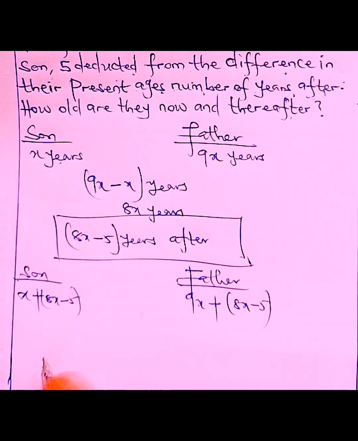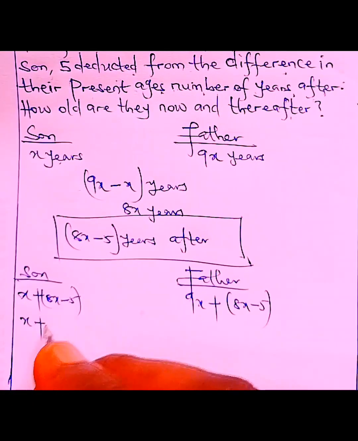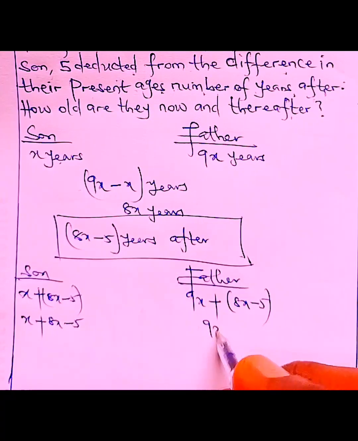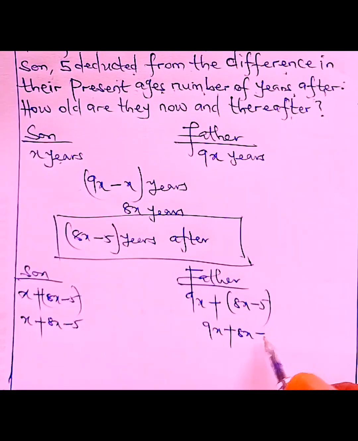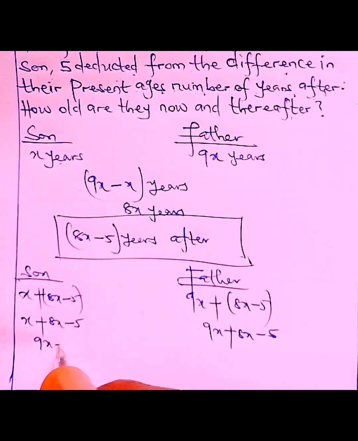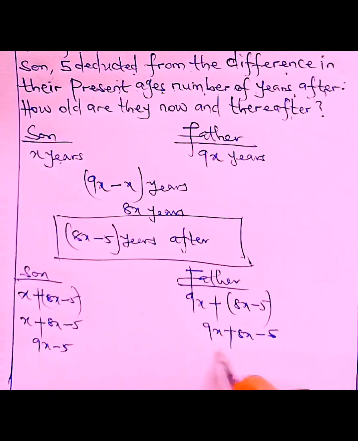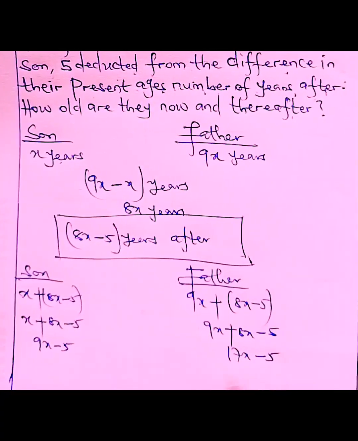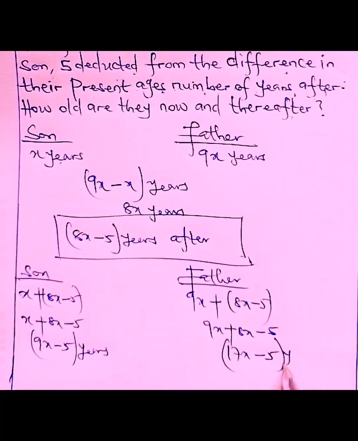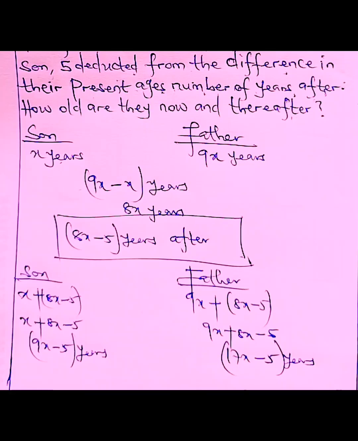So we're going to open up the bracket. x plus 8x is 9x minus 5 years. And the father's is 17x minus 5 years. These are all their ages 8x minus 5 years after.